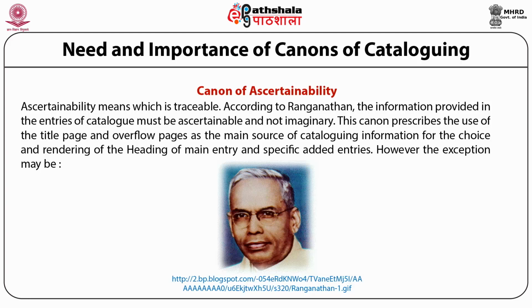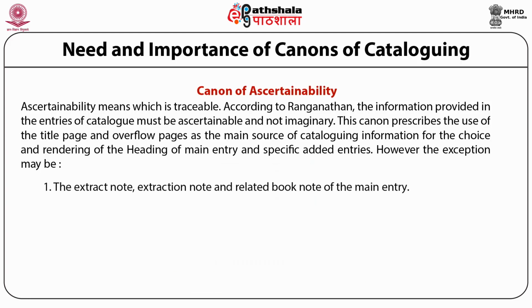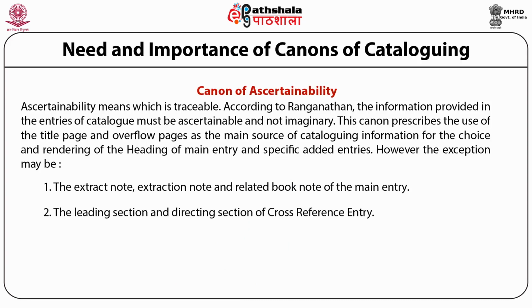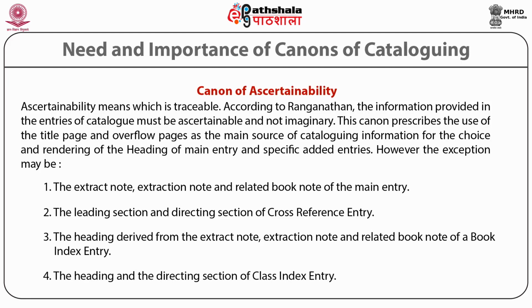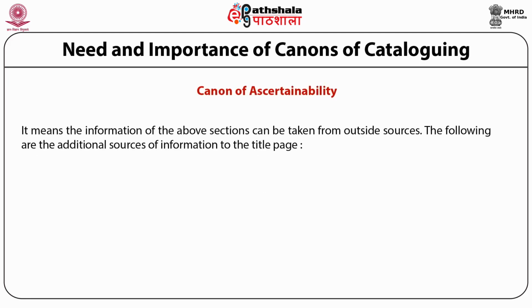However, the exceptions may be the extraction note and the related book note of the main entry, the leading section and the directing section of a cross-reference entry, the heading derived from the extraction note and related book note of a book index entry, and the heading and the directing section of a class index entry. It means the information of the above sections can be taken from outside sources.